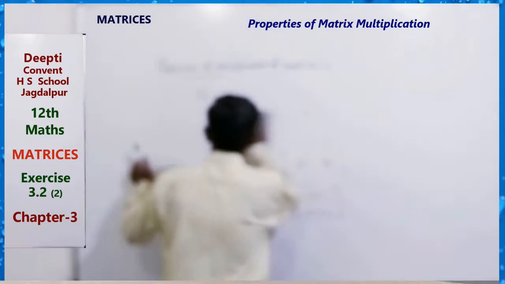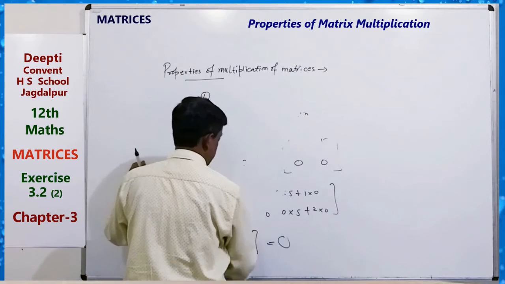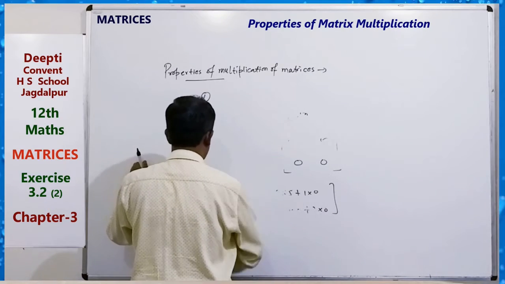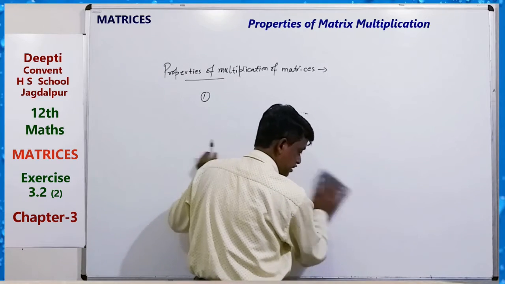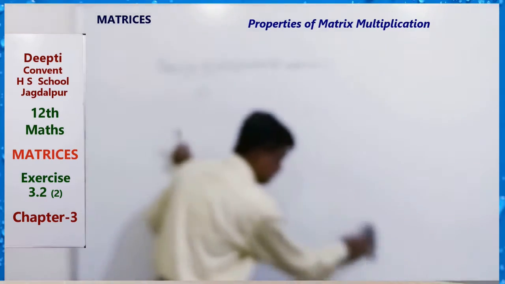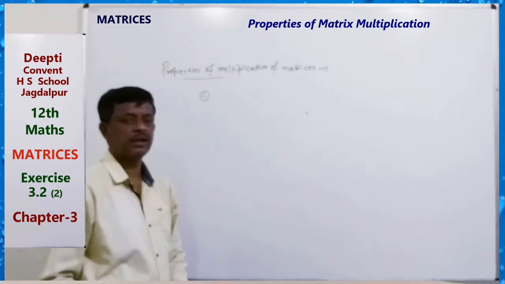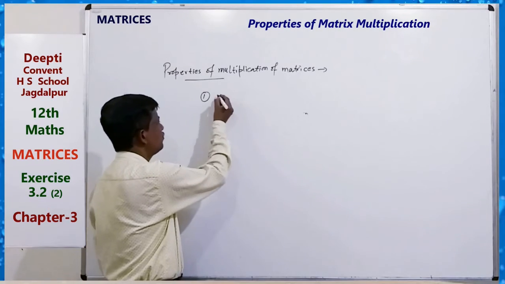Okay, the properties: the associative law holds, the distributive law also holds, in either direction, and a multiplicative identity also exists.